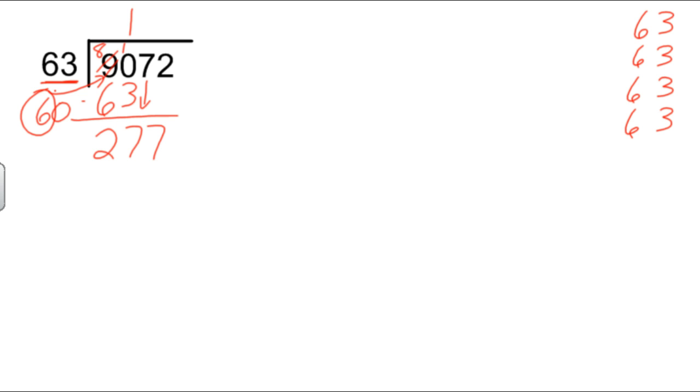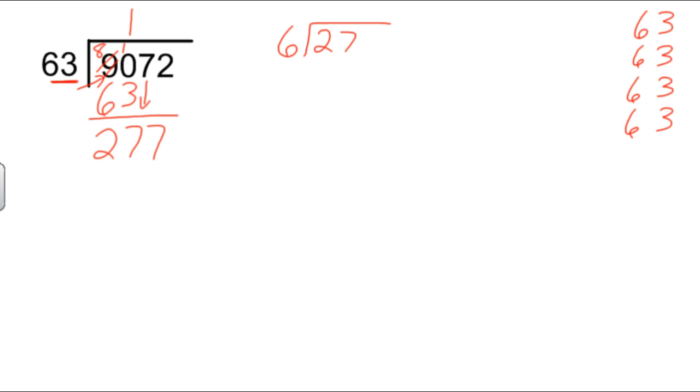Okay? Now again, earlier you were thinking, well, that was silly. It's obvious that 63 goes into 91. Okay, now 63 into 27. I'm doing the same process. I am going to ask myself, how many times does 63 or 6 go into 27?